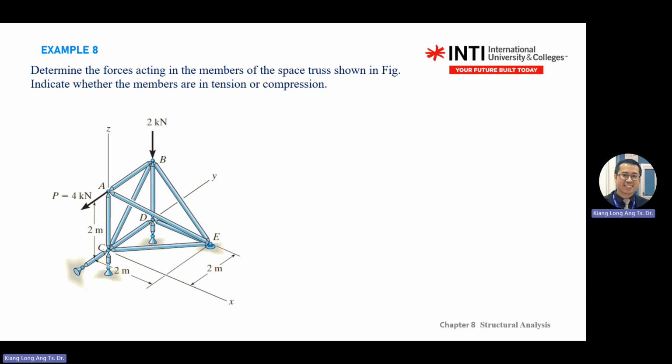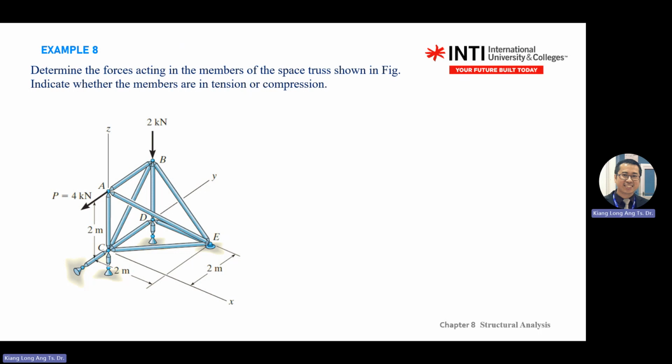There are two external forces, 4 kilonewton at point A in the y direction, 2 kilonewton at B in the z direction or negative z direction, right? So you're given the positive direction of x, y, and z. You're given the origin of the structure, which is at point C.